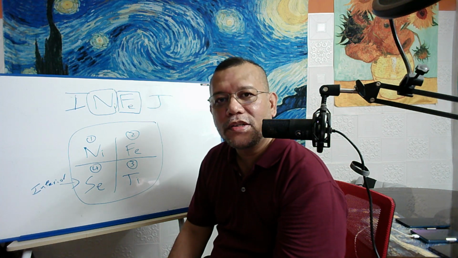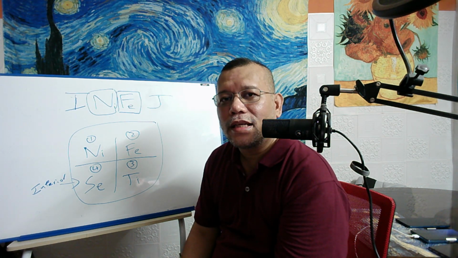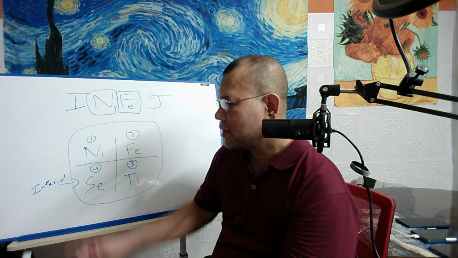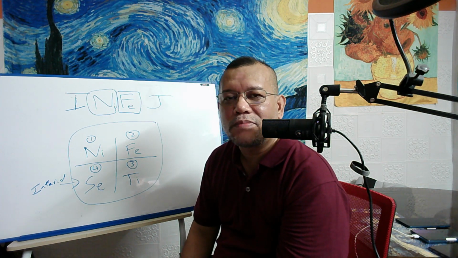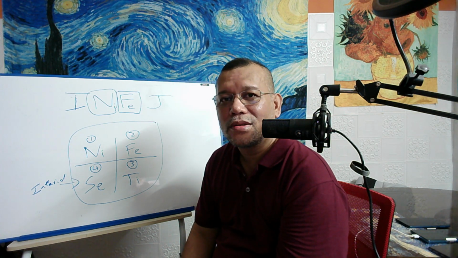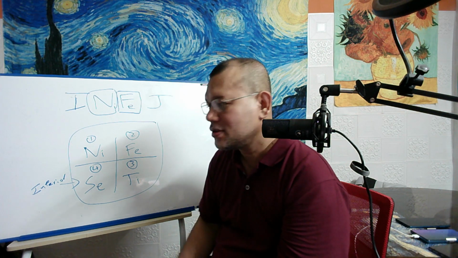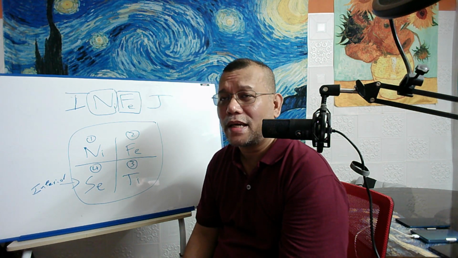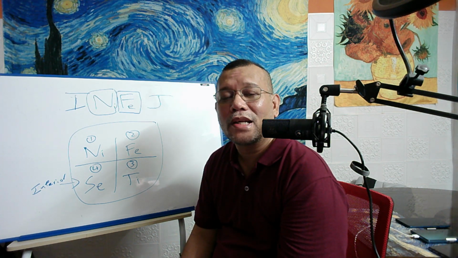Now, why is it called inferior? Because out of the four functions in this stack, the last one will be the least used. But if you look at these four, all of them actually serve a purpose in helping you become a better person. So this is not just to tell you about limitations, but a map meant for you to improve yourself. I think it's similar in concept to astrology.